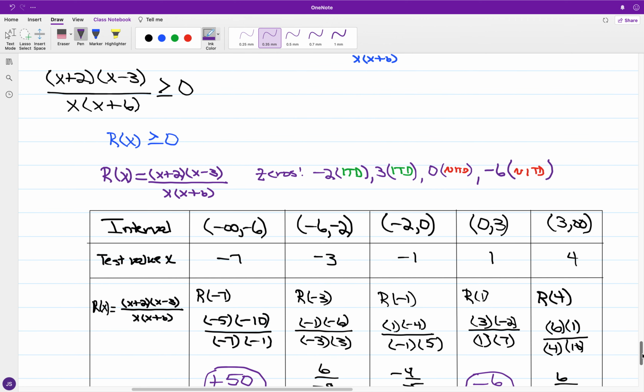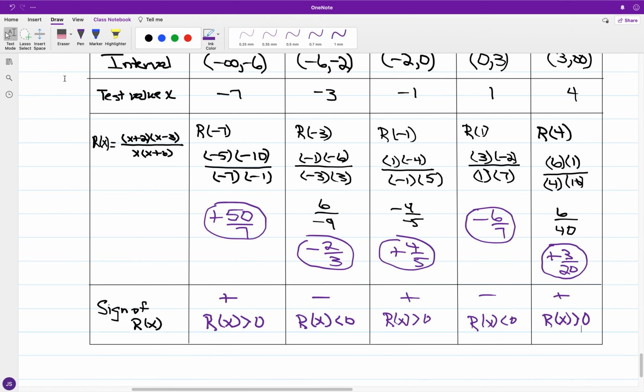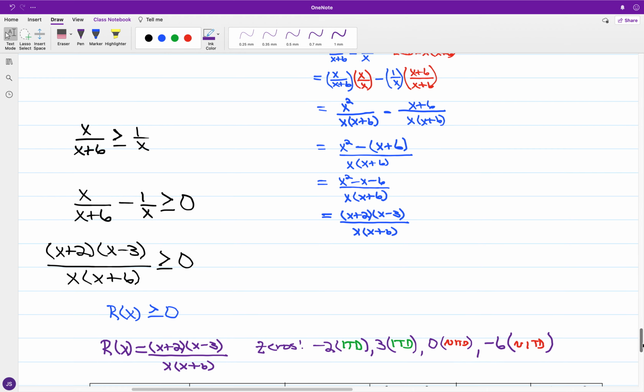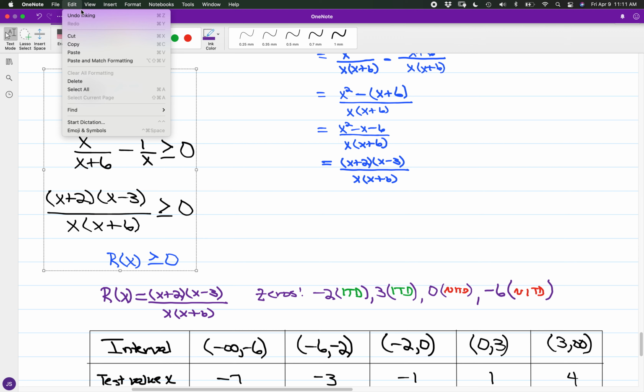And so, all in all, this inequality, again, as a comparison between x over x plus 6 and 1 over x, or x over x plus 6 is greater than or equal to 1 over x.